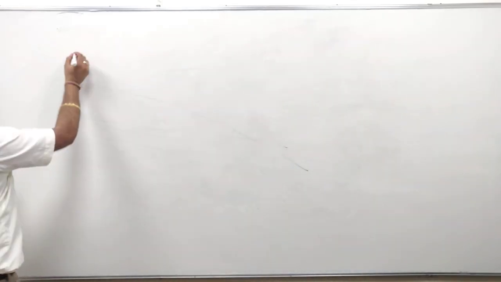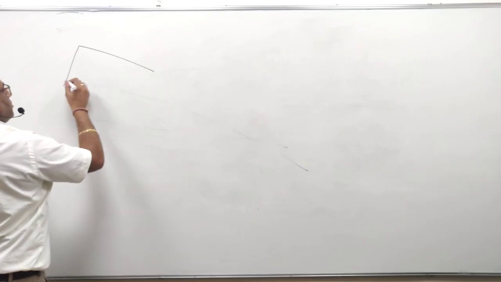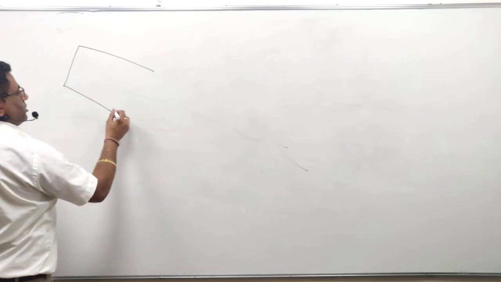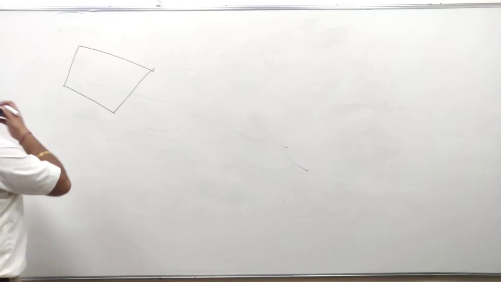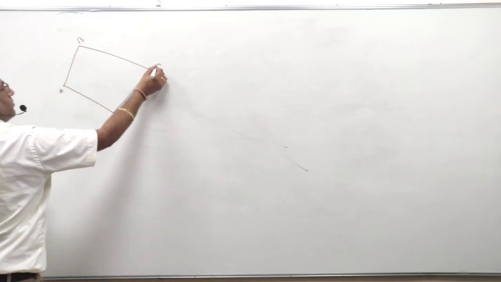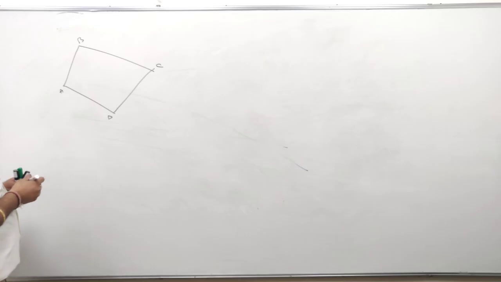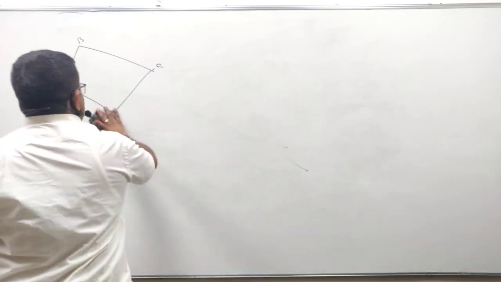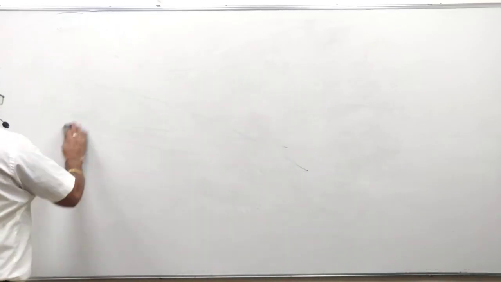We will use this result in quadrilateral as well. Okay, if you are having any quadrilateral, you can say that ABCD is any quadrilateral, and you can draw any line. I will make a quadrilateral as per your convenience, so that you can easily get what I would like to say.